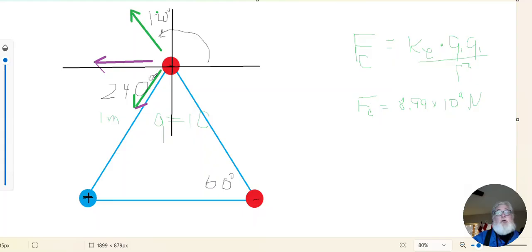Then we're going to use our trig formulas to figure out the magnitude of these components. Let's do the x component first. That's going to be whatever this magnitude here is.